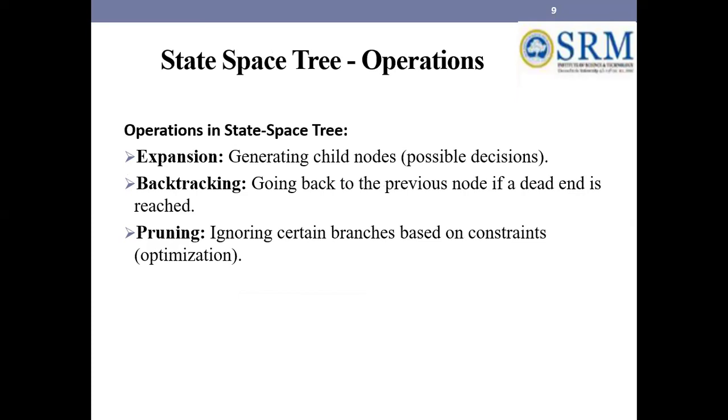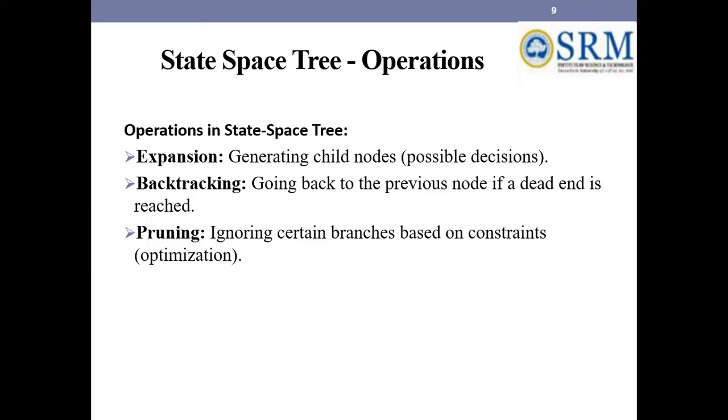There are three operations in a state space tree. First one, expansion, or exploration: at every level, the node is explored to the next level. What is backtracking? Going back to the previous node if a dead end is reached. If you're moving on a path and it is not feasible to expand further, move back to the previous node and find another option. That is called backtracking. What is pruning?